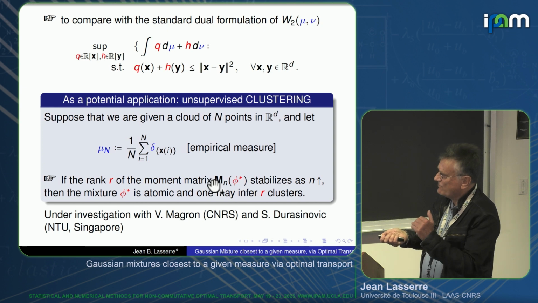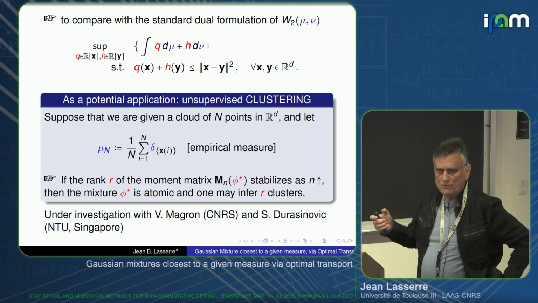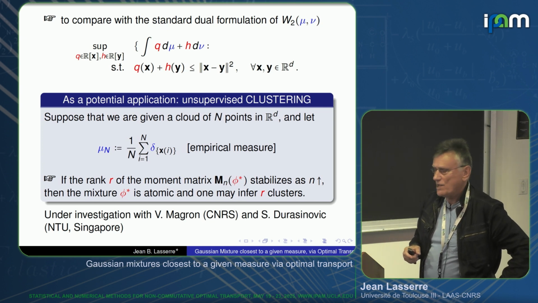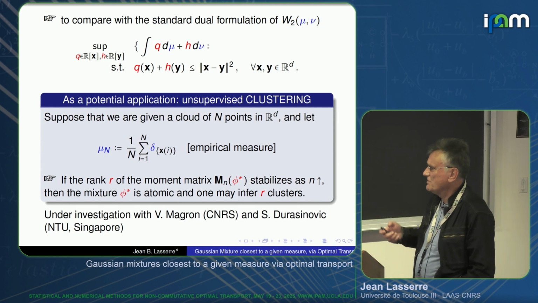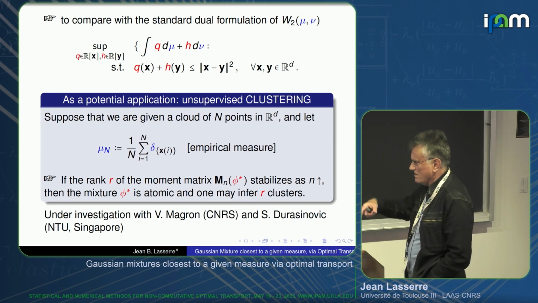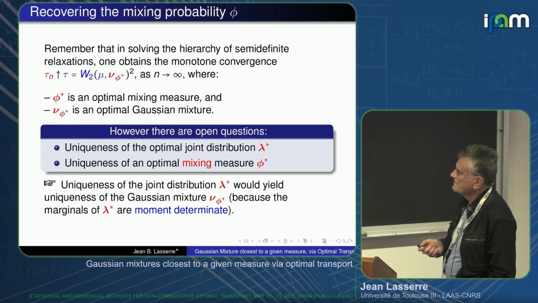Looking at every step of your relaxation, you look at the moment matrix of your mixing measure. If the rank of this matrix stabilizes, it gives you the number of means. If the rank is finite, it gives you immediately a good approximation of the number of clusters. That was the motivation of this work, and we are just trying to implement this now.